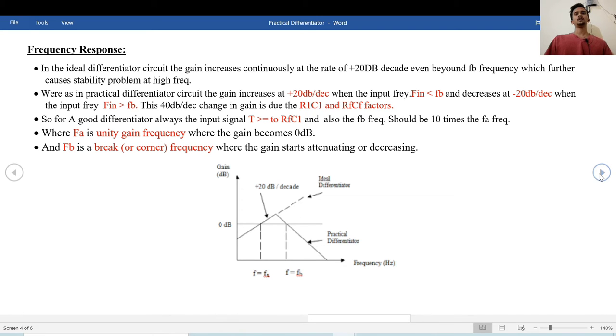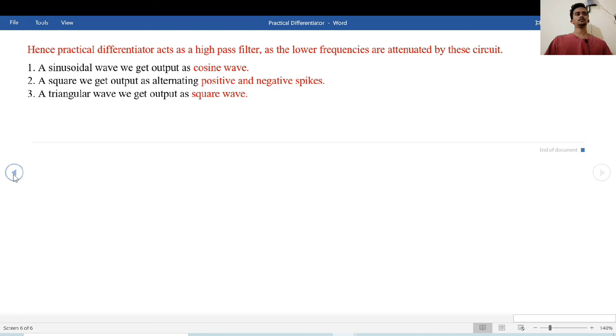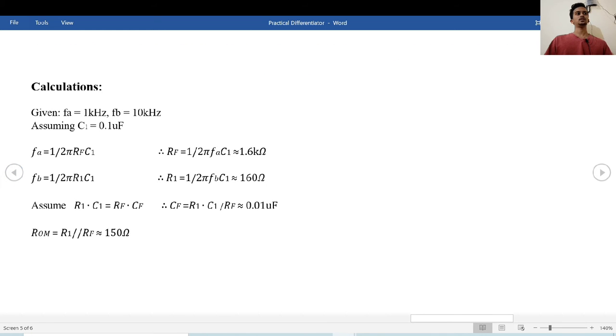So we'll design the practical differentiator circuit. I will take FA as 1 kilohertz and FB as 10 kilohertz, assuming C1 as 0.1 microfarad. As we know, FA is equal to 1 by 2 pi RF into CF, so RF becomes 1.6 kilo ohm.